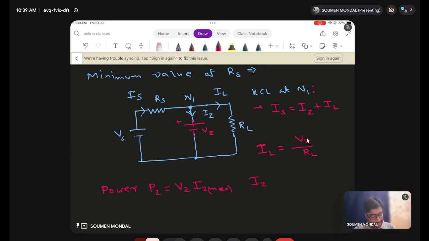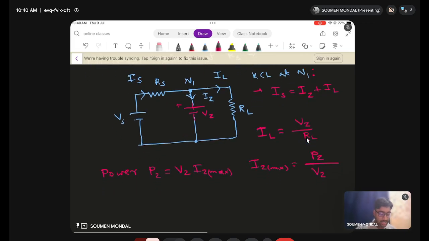In this case we will say the diode is such that it is just allowing the maximum current, or just barely protecting the Zener. So Iz is going to be Pz by Vz, which is somehow known to us.